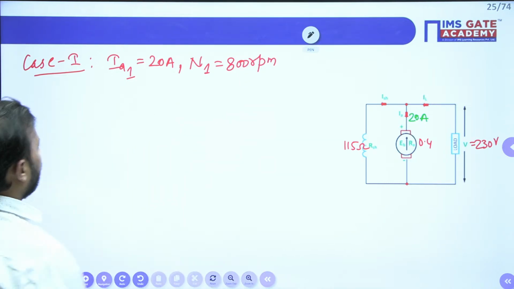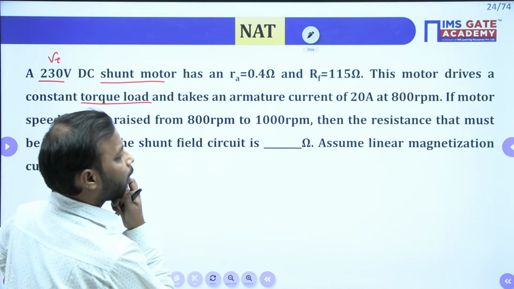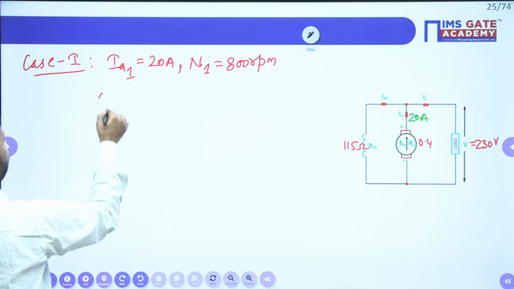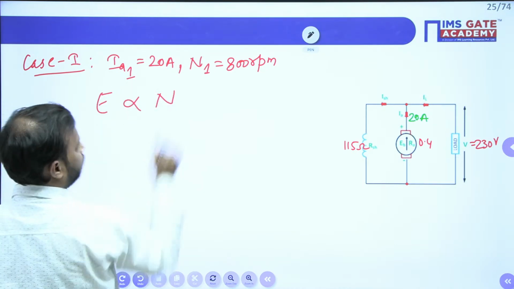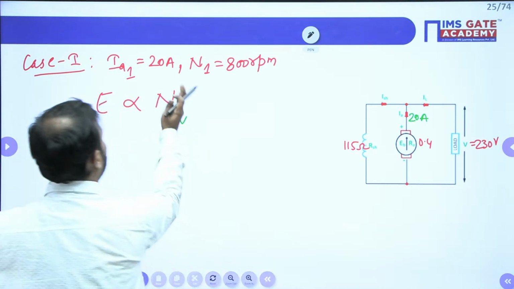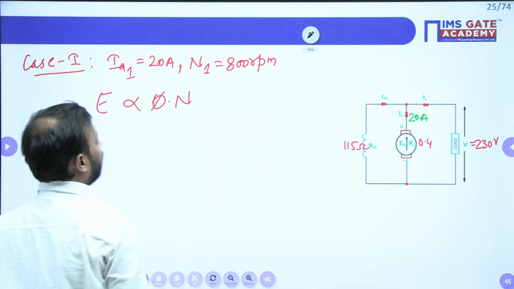I require the shunt resistance, so definitely I require the speed. For speed, we require the EMF equation: flux into N.